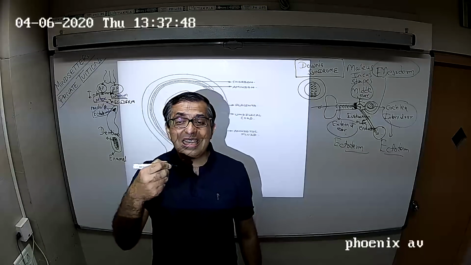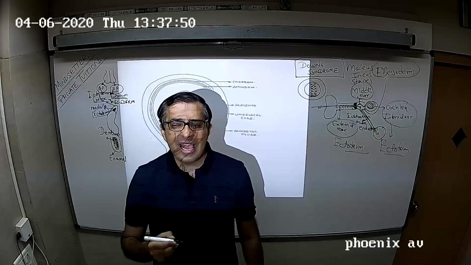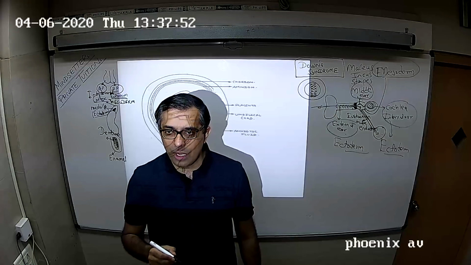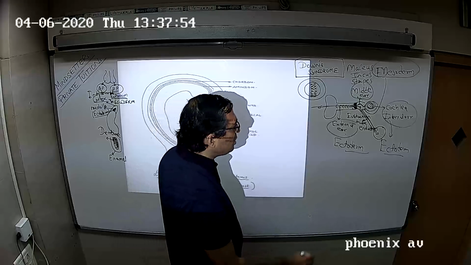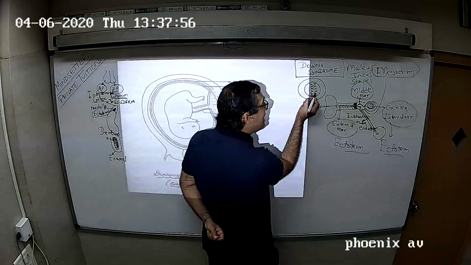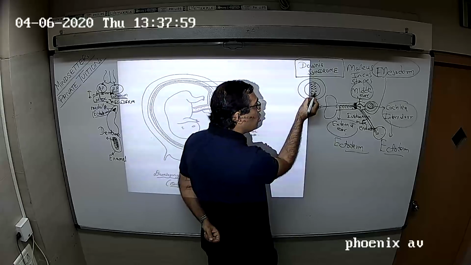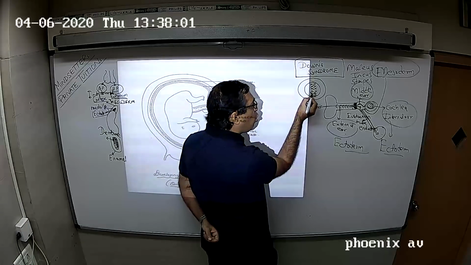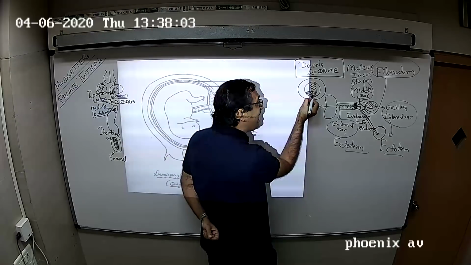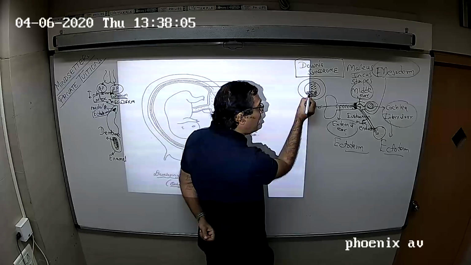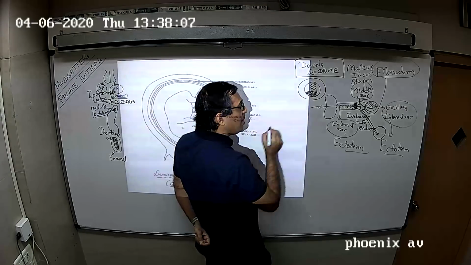So we have 23 pairs of chromosomes, in other words 46 chromosomes. In a child with Down syndrome, the 21st pair of chromosomes, instead of 2 chromosomes, there are 3. So third 21st chromosome आ जाता है.